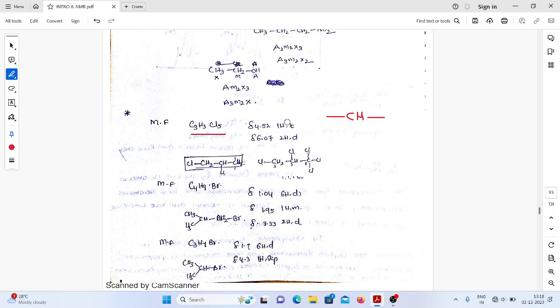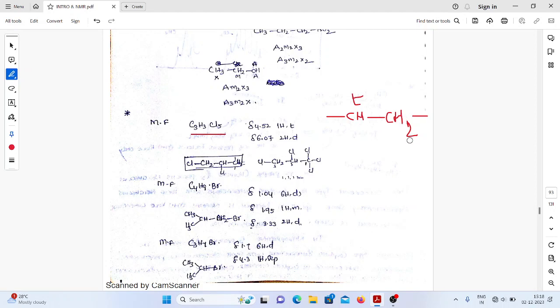So if you want to get a triplet here, the adjacent protons must be how many? Triplet means 3 lines. So in order to get 3 lines, adjacent you should have 2 protons only. So how can you write 2 protons? CH2.